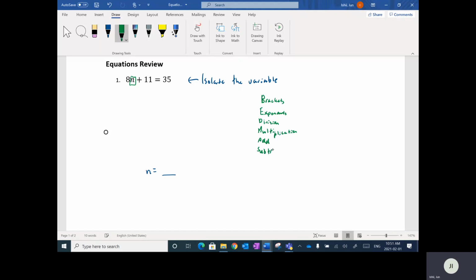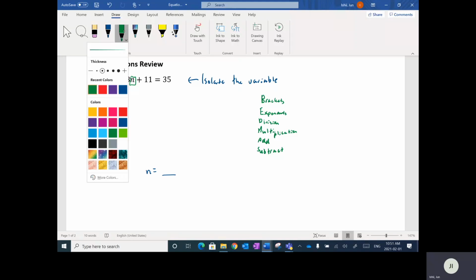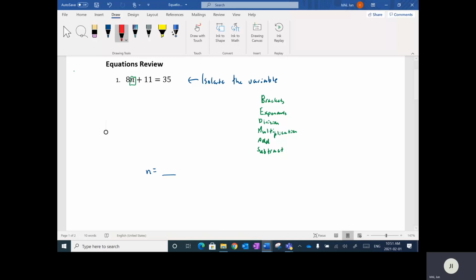If we were to work out a value, you would follow this order of operations.